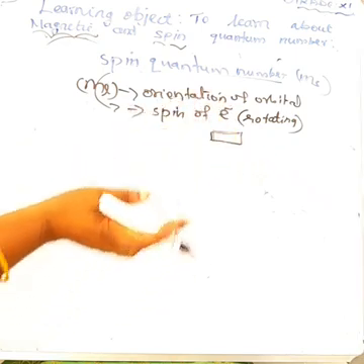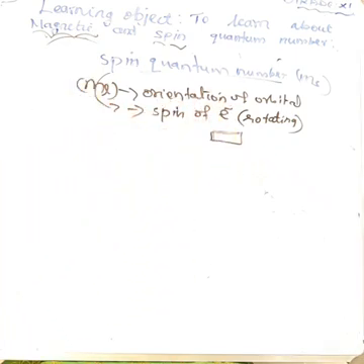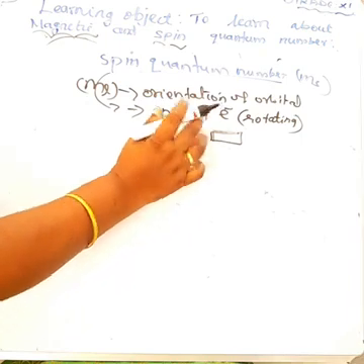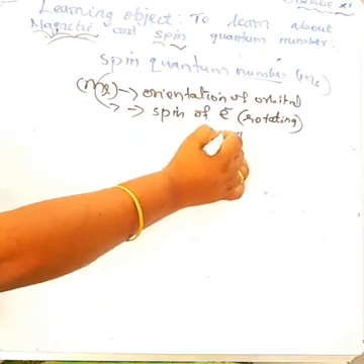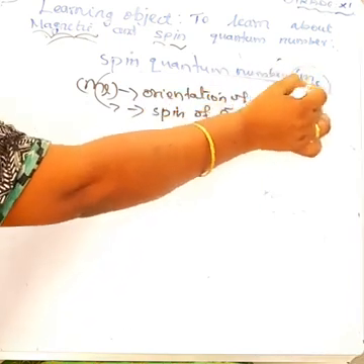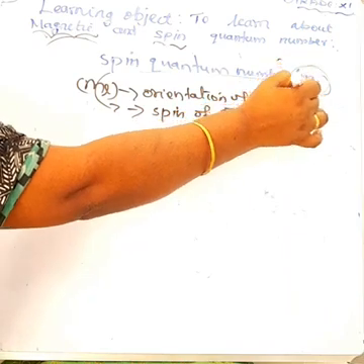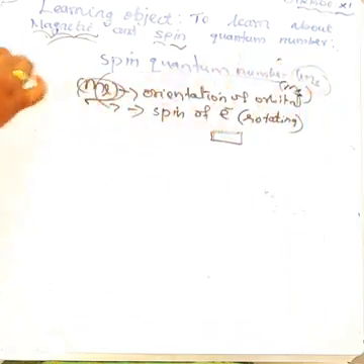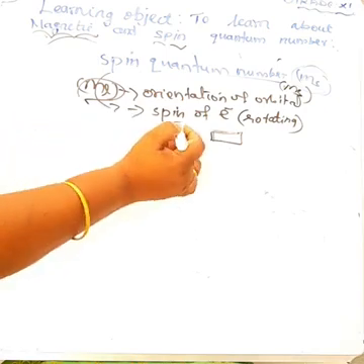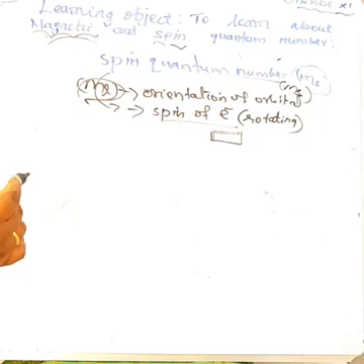How the electrons are spinning is explained by the spin quantum number. Understood? It is denoted by the symbol ms. The magnetic quantum number is denoted by the symbol ml, and the spin quantum number is denoted by the letter ms.